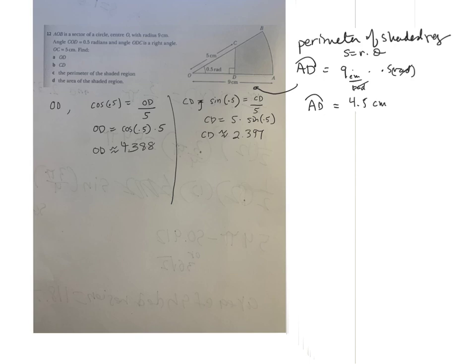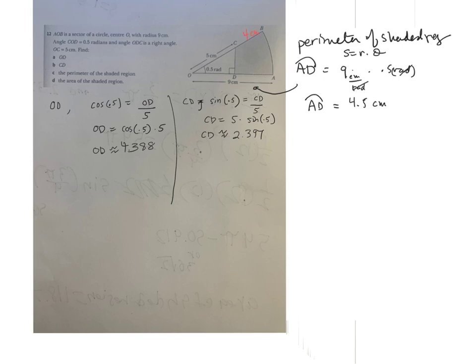And then what else do we need there? Well, OD, I'll show a little pointer here. This whole thing would be 9 as well, because that's the same. So 9 minus the 5 here, which means that this piece right in here is going to be 4 centimeters.